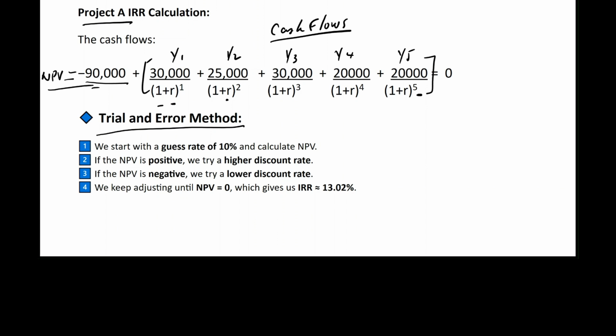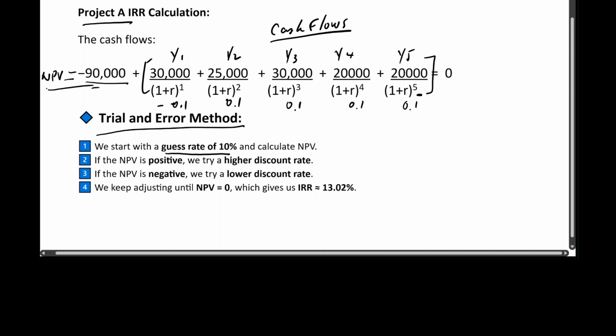To use that method, you arbitrarily choose a rate, you guess a rate. Usually they start at 10%. You put 10% all over here, and you see what NPV you're going to get.